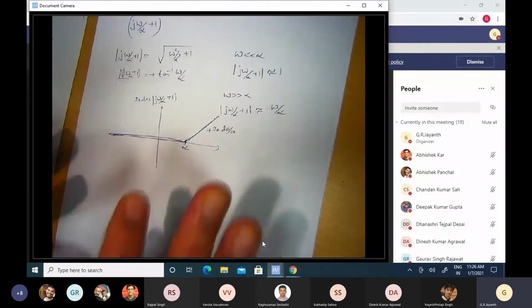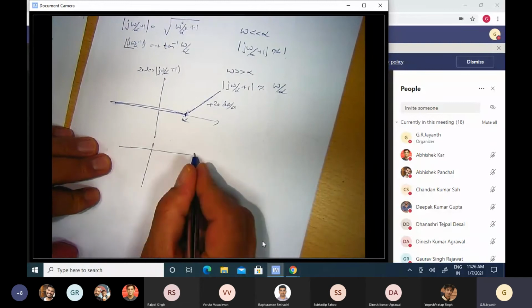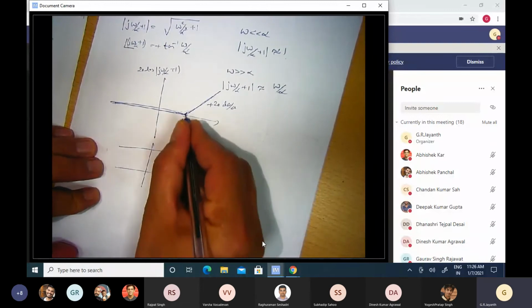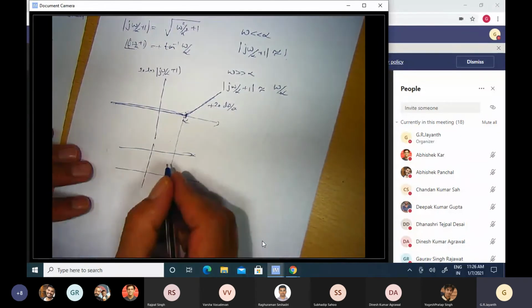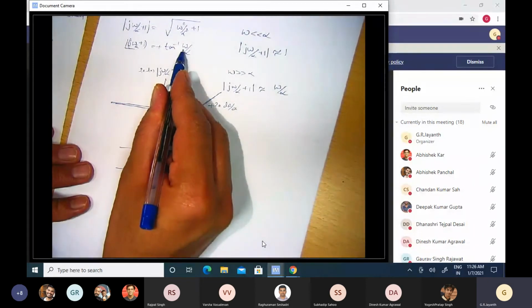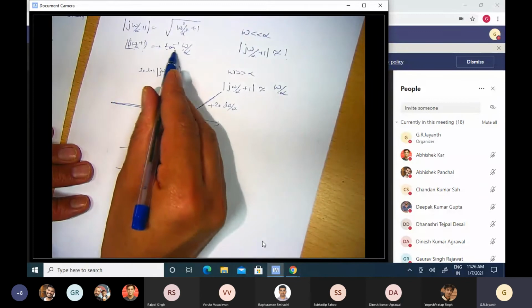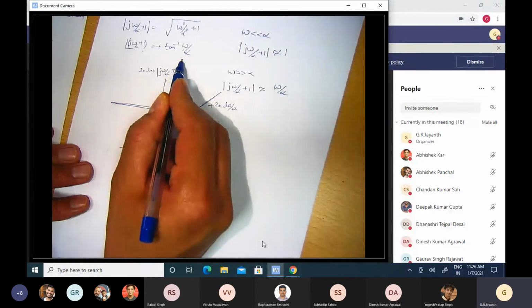This magnitude plot is not very useful, but let us look at the phase plot because that's where the advantage lies. I am looking for improvement in phase without modifying anything to the gain characteristics, right? So at omega equal to alpha radians per second, what is the phase of this term? It is equal to tan inverse of alpha by alpha, and that's equal to pi by 4, right?